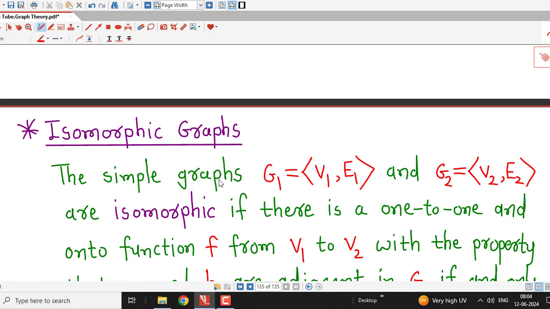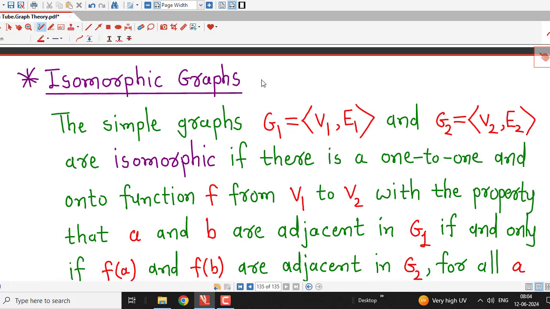So I have written this definition which I just explained. They may ask you to write down the definition also. This definition is for simple graphs, that is graphs without loops and without parallel edges.